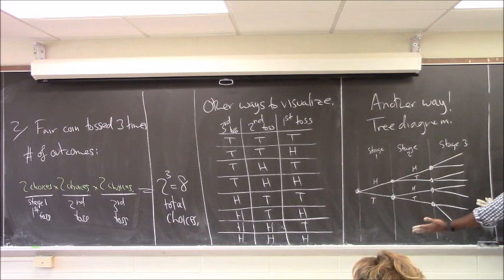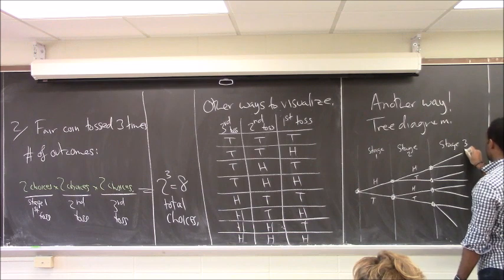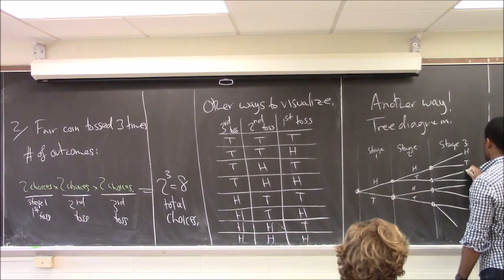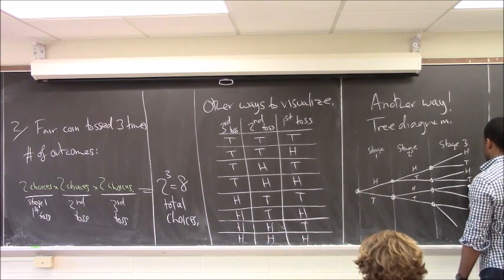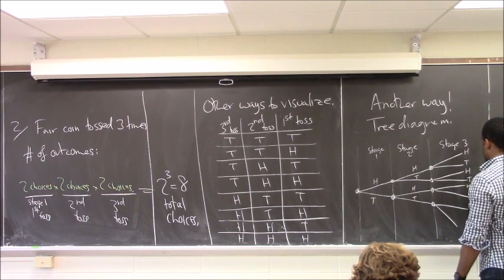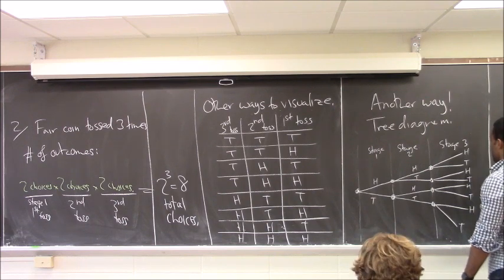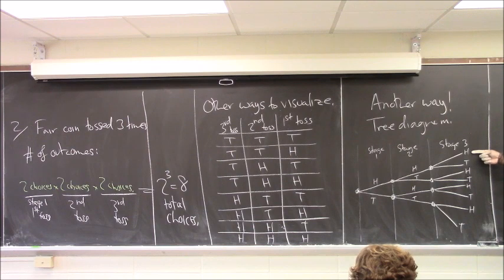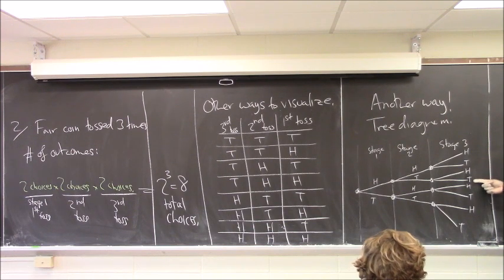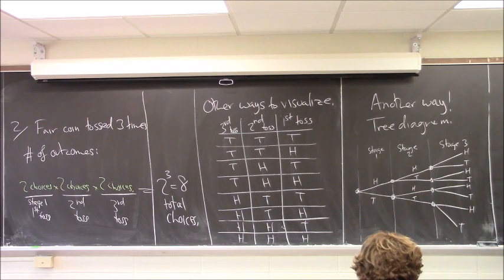This thing is called a tree. So you can get heads, tails, heads, tails, heads, tails, heads, tails. Notice that at the final stage, how many positions there are is the total number of outcomes. There are 8.